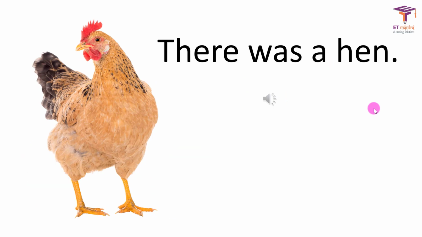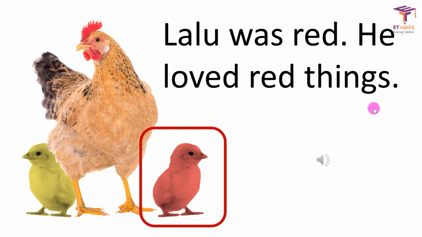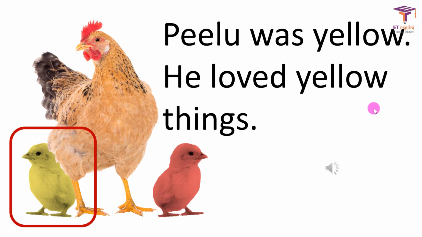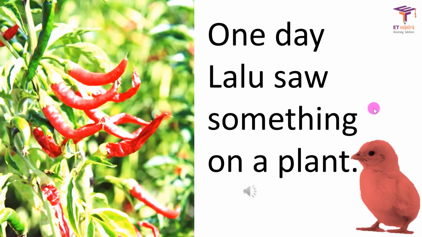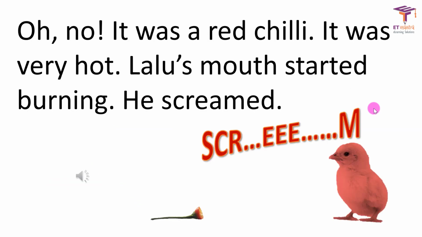There was a hen. She had two chicks, Lalu and Pilu. Lalu was red. He loved red things. Pilu was yellow. He loved yellow things. One day Lalu saw something on a plant. It was red. He ate it up. Oh, no. It was a red chili. It was very hot.